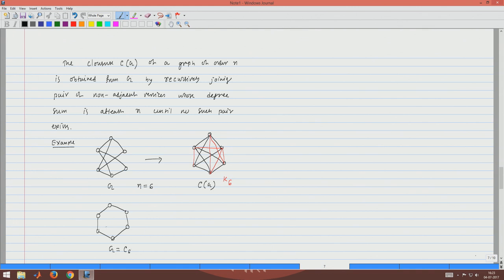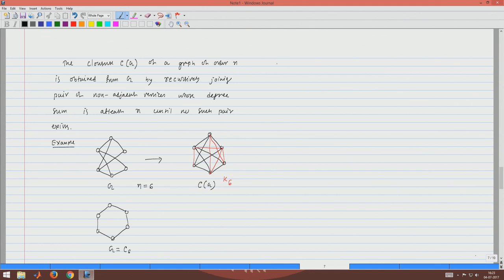Now, you can see that there are many non-adjacent vertices here, but the degree sum is 4, which is not greater than or equal to 6 for any non-adjacent vertices. So, you can't basically add any edge here, the closure of this graph is the graph itself. Okay. So, we have explained what is a closure of a graph.